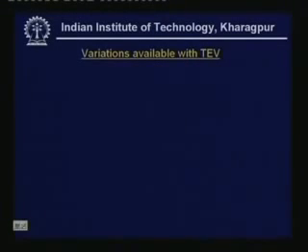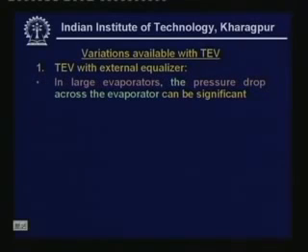Now let us look at variations available with the thermostatic expansion valve. First variation is the thermostatic expansion valve with external equalizer. In large evaporators, the pressure drop across the evaporator can be significant.